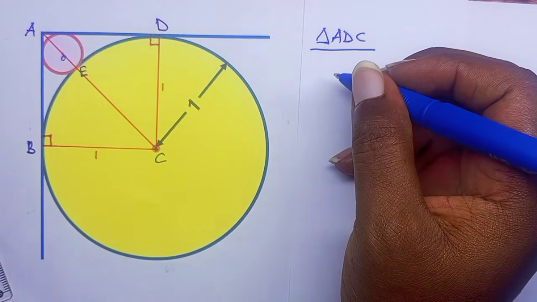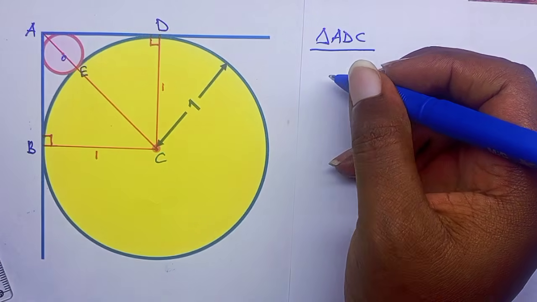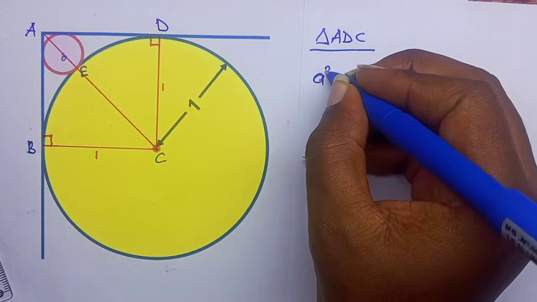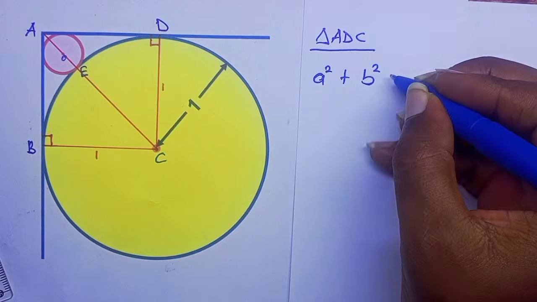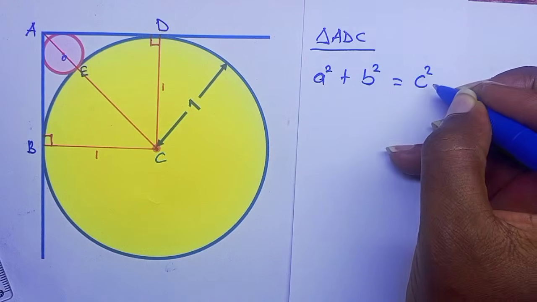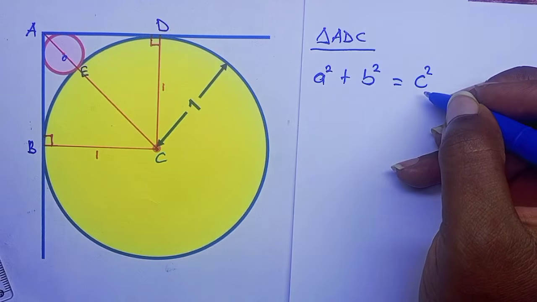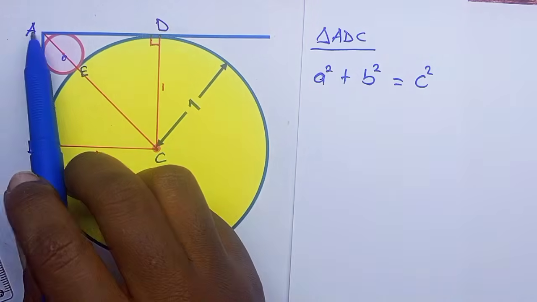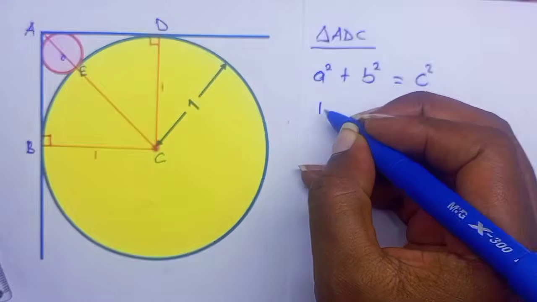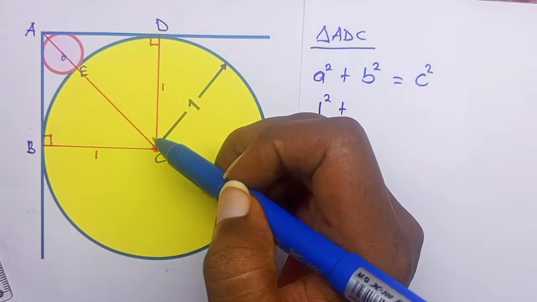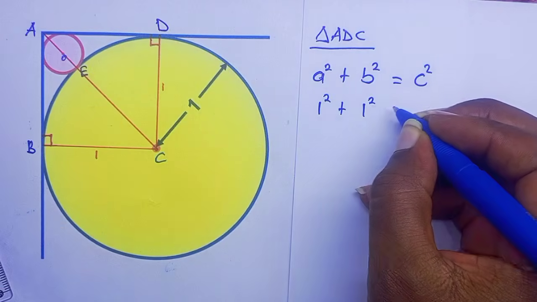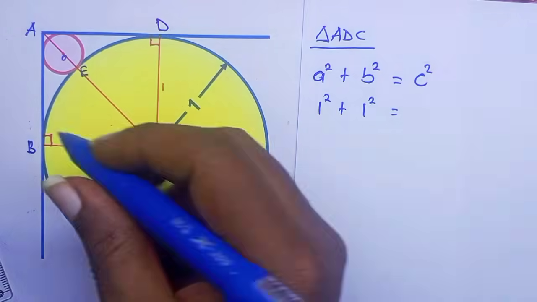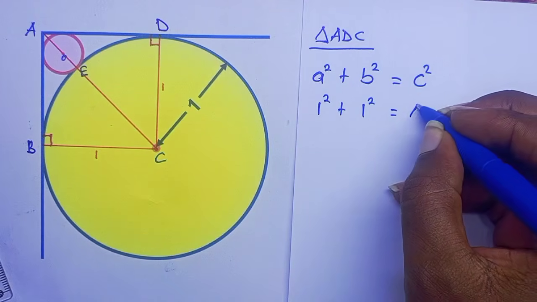Since it's a right triangle, we are going to use the Pythagoras theorem to solve, which is a squared plus b squared is equal to c squared. Our value of a is AD, which is 1, so 1 squared. Our value of b is DC, which is also 1. And our value of c is AC.